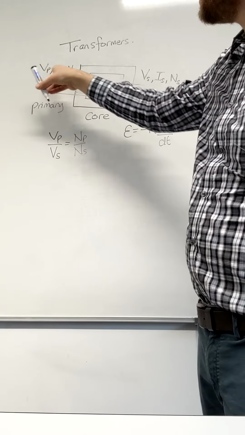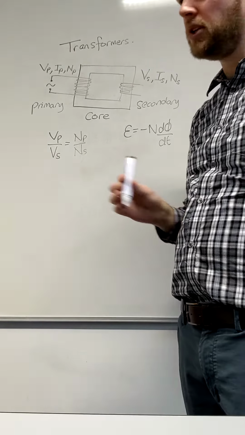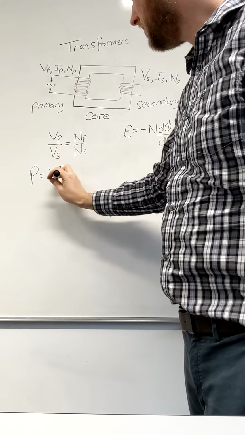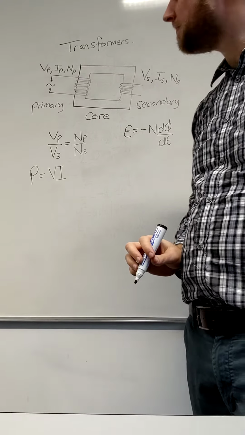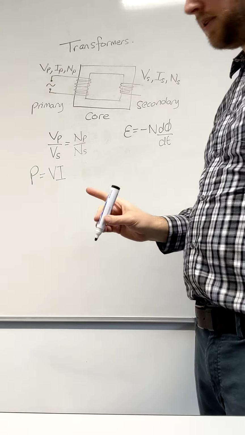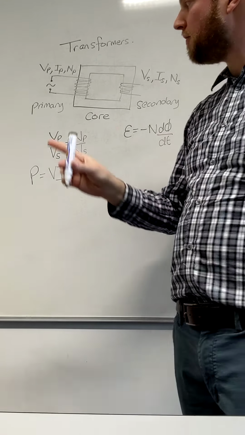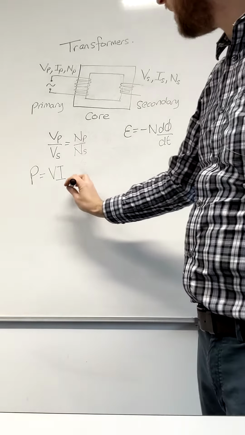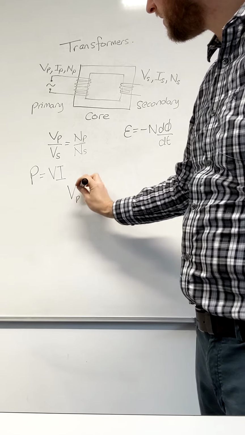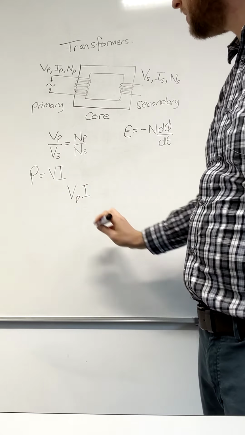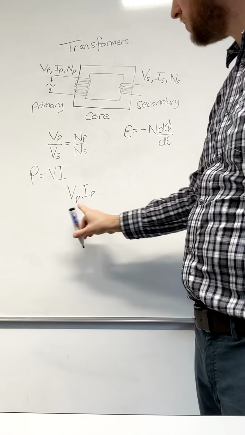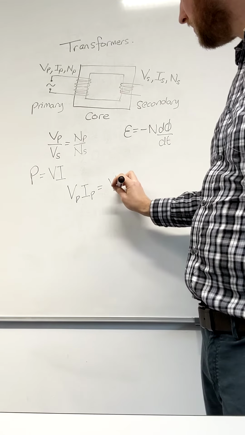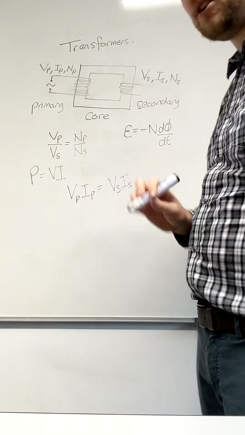The other thing we can link together are the voltages and the current. We know that power is equal to V times I. Now, if this transformer is 100% efficient, then the power at the primary coil, so Vp times Ip, must be equal to the power at the secondary coil.